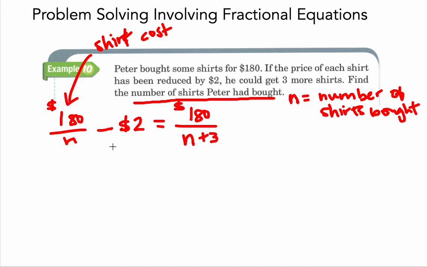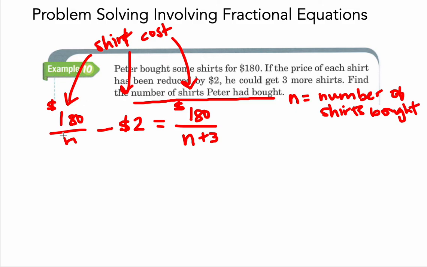If it was cheaper by $2, subtract $2, then we would get a new price where you would still take $180 divided by now the amount of shirts that you could buy, which is n plus 3 shirts. So this is all talking about the shirt cost: the original shirt cost, the subtraction of the $2 cheaper, and then the new cost, which would be cheaper when you divide by the number of shirts he had plus 3.